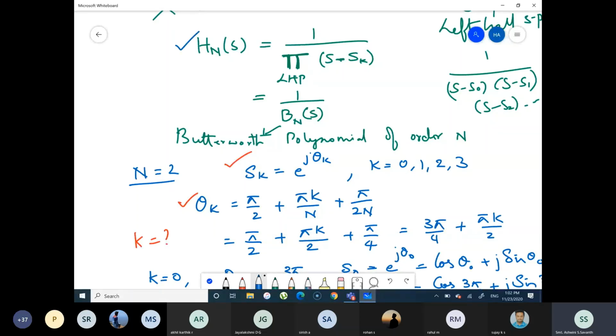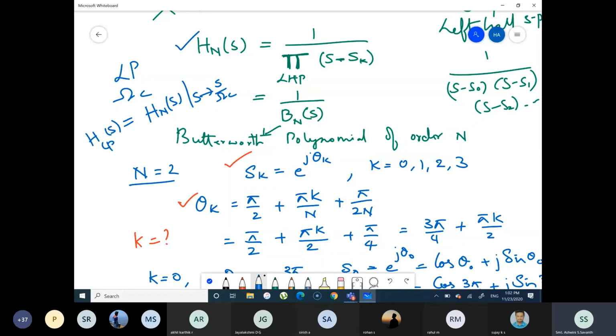But the low pass filter that will be given to you will have some cutoff frequency omega c. So in this Hn of s, replace s by s by omega c. This is a transformation to convert the normalized low pass to the desired low pass filter. Then only will you get the transfer function of the low pass filter.